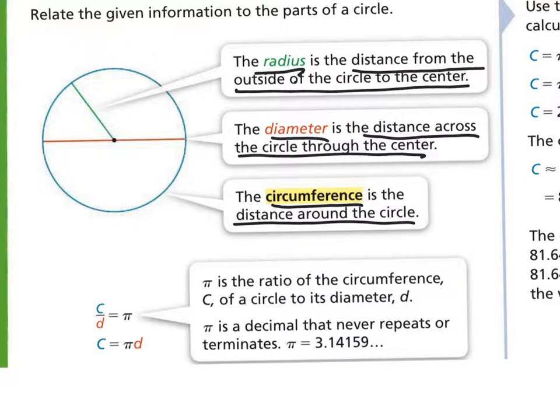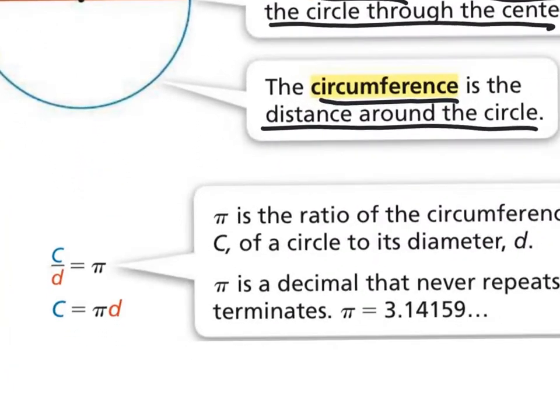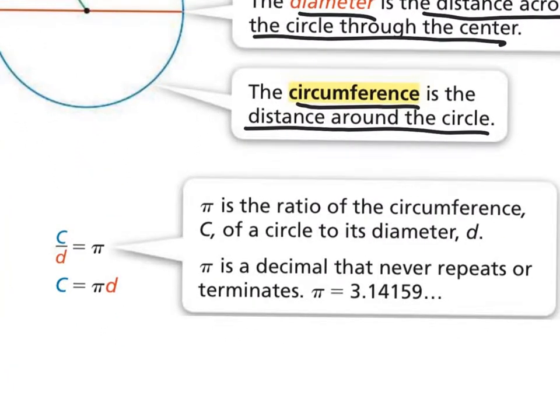They had to figure this out. They took a lot of different measurements of different size circles, and they measured the distance around it, they measured the diameters. And the more and more they did this, the more accurate and precise they were able to be with the value of pi.